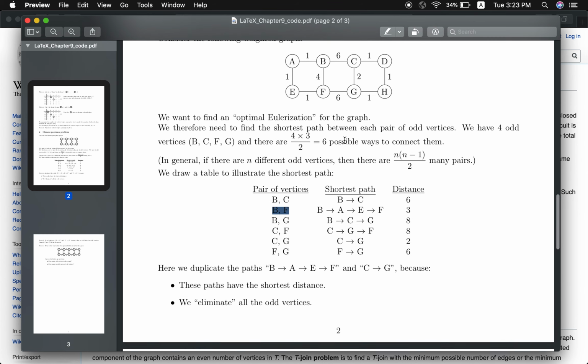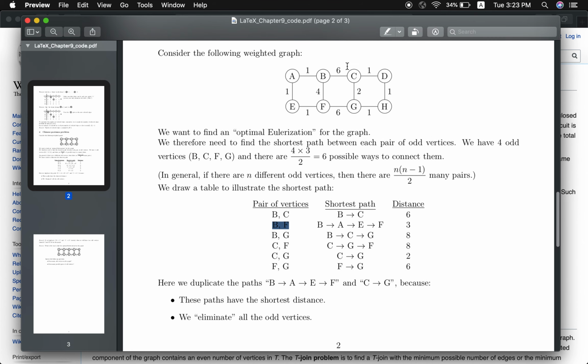First you duplicate BC, then you get one extra edge, right? Then the degree of the vertex becomes 4. Then if you duplicate this path B A E F, you first duplicate B to A, then again you add one edge to it.